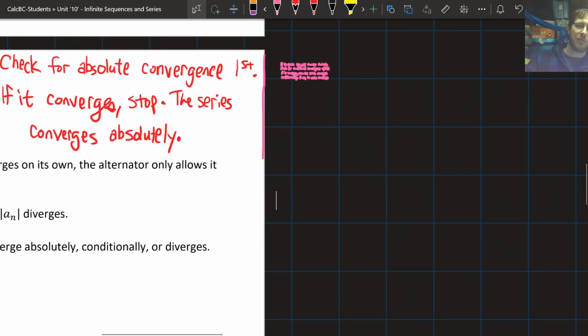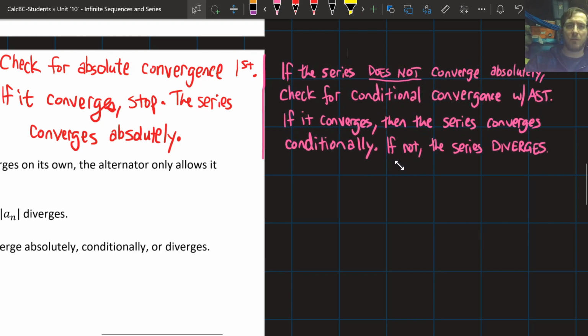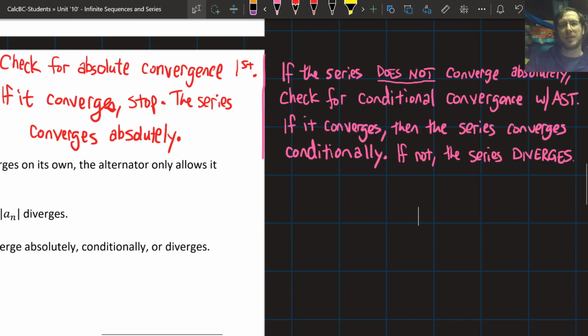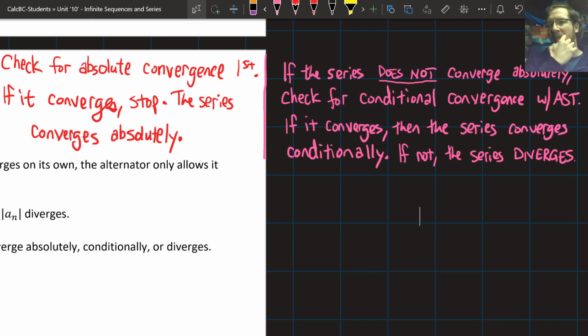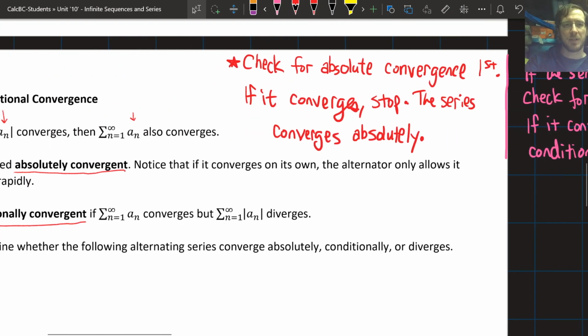If it doesn't, then we're down to either conditional convergence or divergence. If the series does not converge absolutely, check for conditional convergence with the alternating series test. If it converges, the series converges conditionally. If it doesn't, then the series diverges. Make sure you jot these down in your notes. You could even make yourself a little flowchart, if that's your thing. But again, 3 outcomes here.